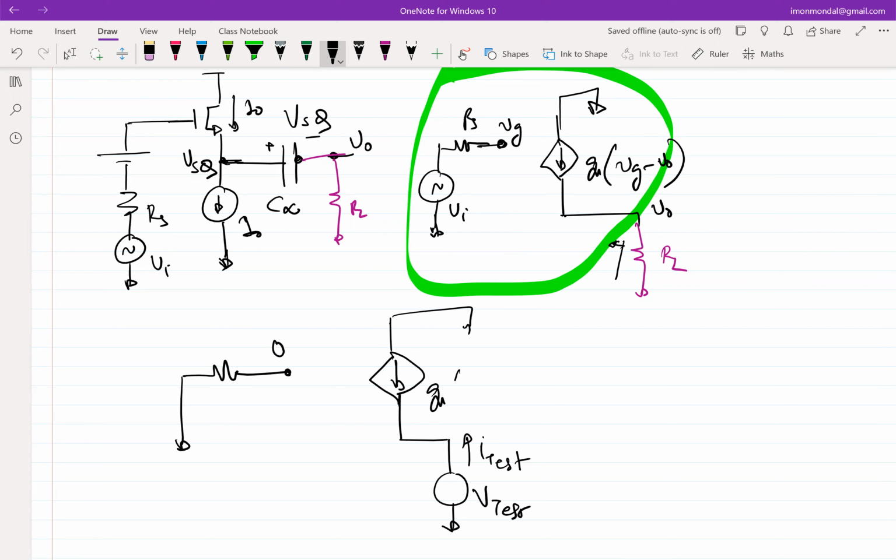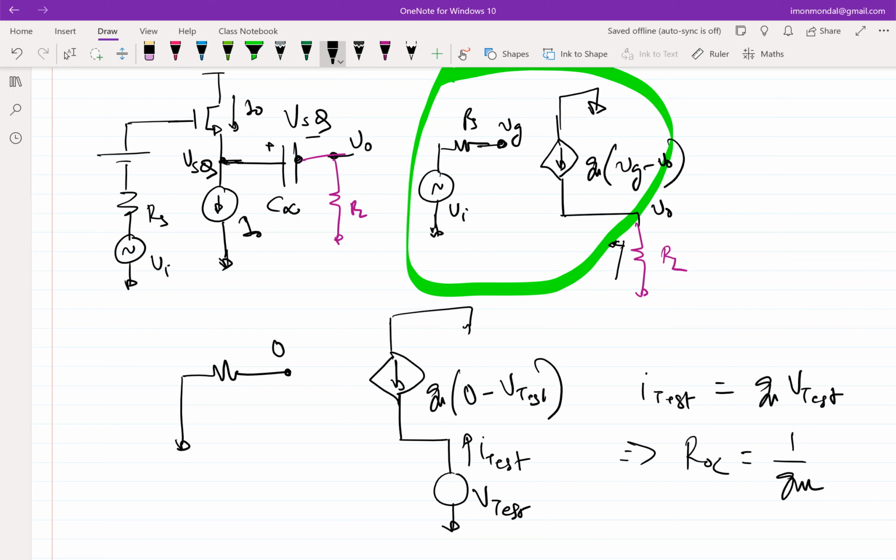This current is gm times (0 minus V test). So the current I test going upwards is gm times V test, which means that your Rout is 1 over gm. So I have got the output impedance of this network, 1 over gm. Looking into the source of your MOSFET, you get an impedance of 1 over gm.